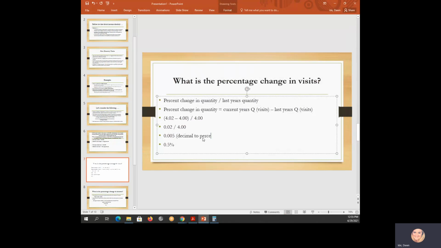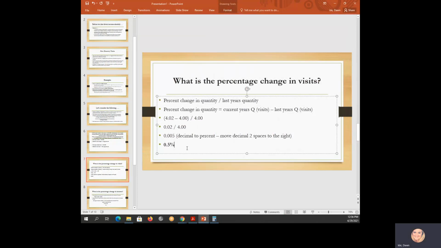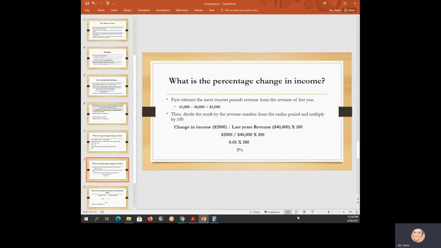So it would be 0.5%. What is the percentage change in visits? 0.5% is your answer there. Next, I'm going to make this bigger now.